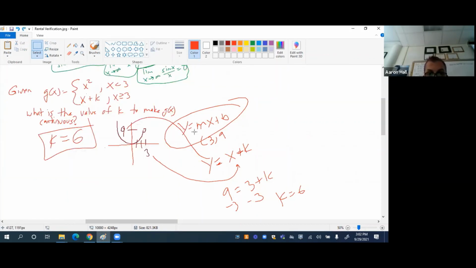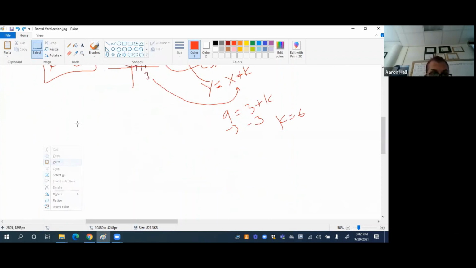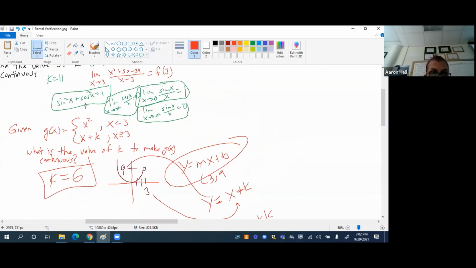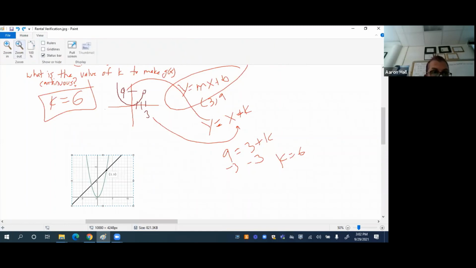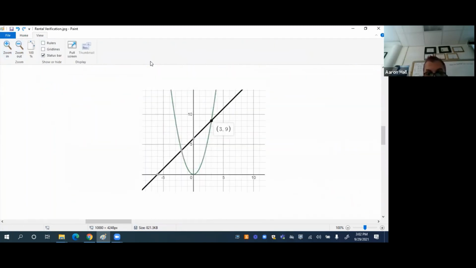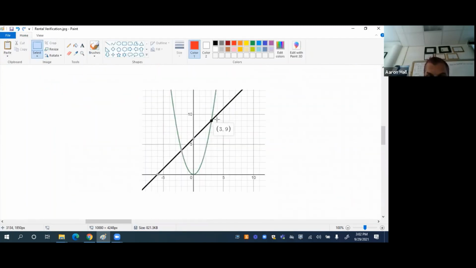We have to make this continuous. Right now, our first equation, x squared, is for values of x that are less than 3. Let's zoom in on this a little bit more. That would be the parabola for all values of x less than 3. So I'll just erase this piece here, and we don't use the parabola after 3, so I'll erase that here.